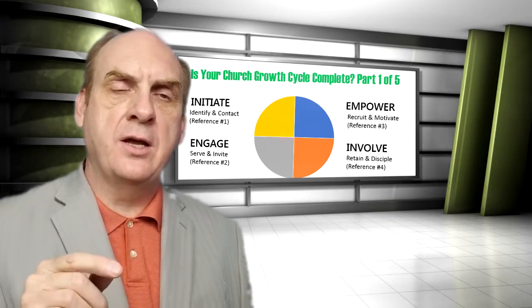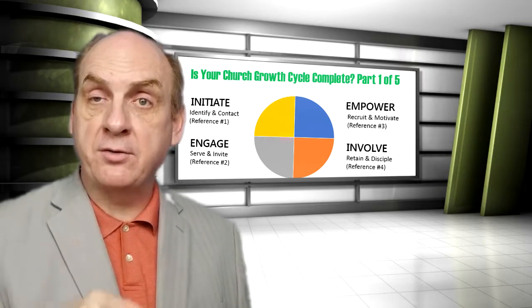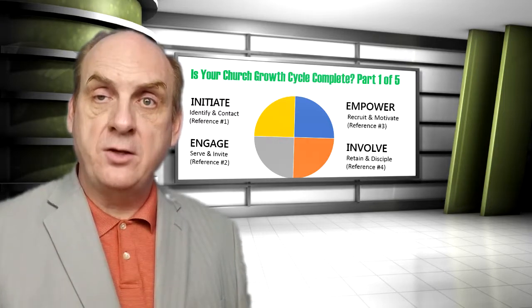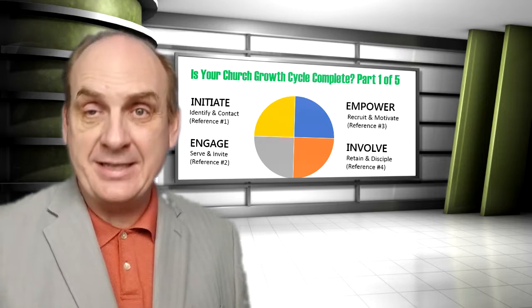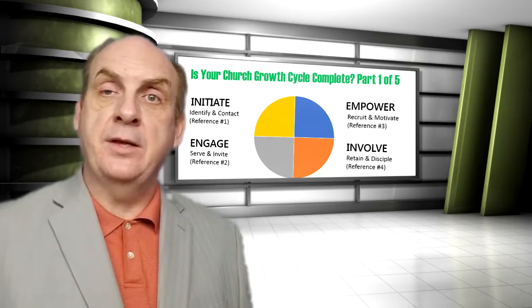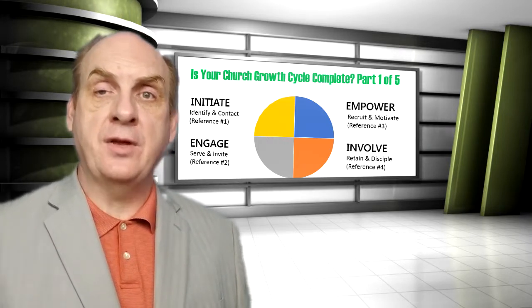If you can conquer this stage, then you can have a complete growth cycle and have a growing church. But if you fail in this stage, you actually will lose all the successes that you built up in the other three stages, and people fall out the back door. And so it's very critical on this stage to be thorough, to think this one through.